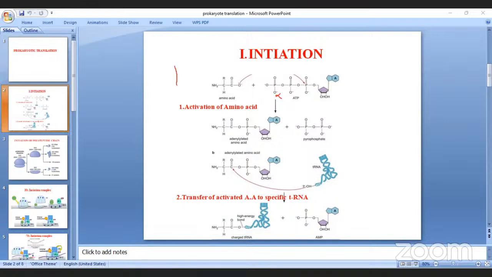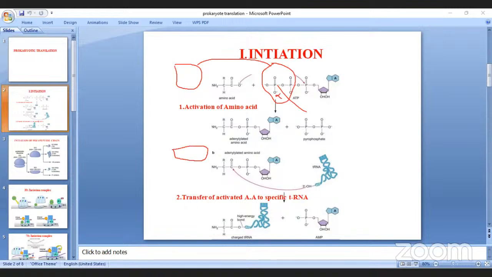Right. So this is the carboxyl group of the amino acid. This is the alpha phosphate group. So here the bond formation happens between these, and as a result, one phosphate group is removed. This alpha phosphate group is removed. Now the adenylated amino acid is formed.